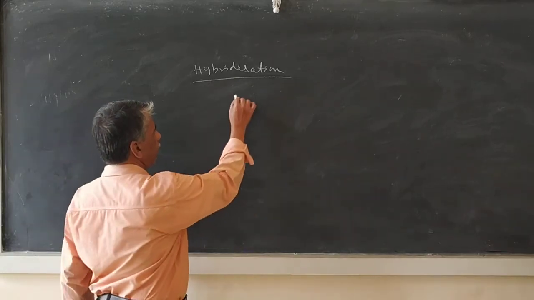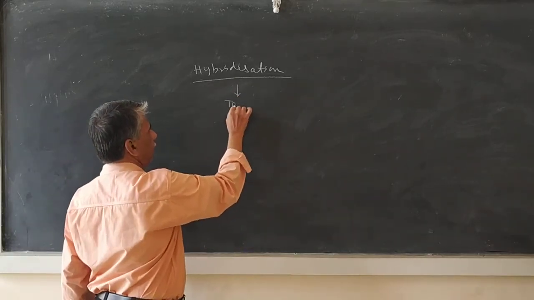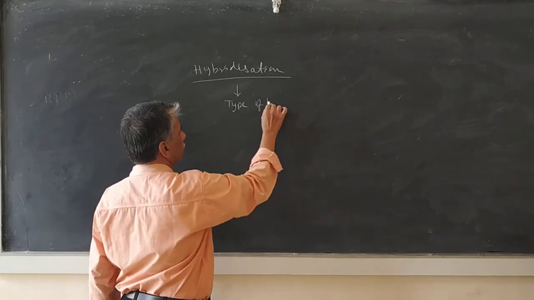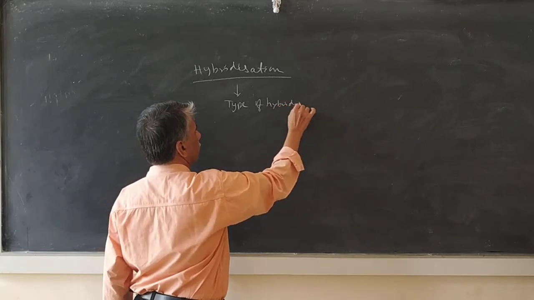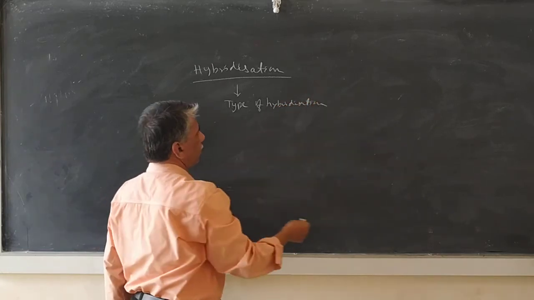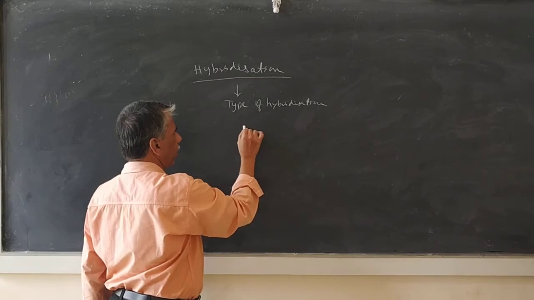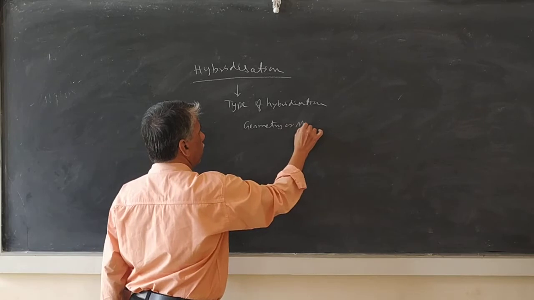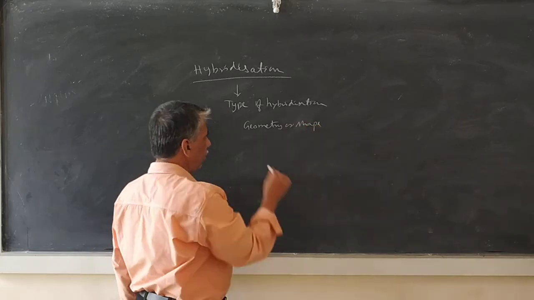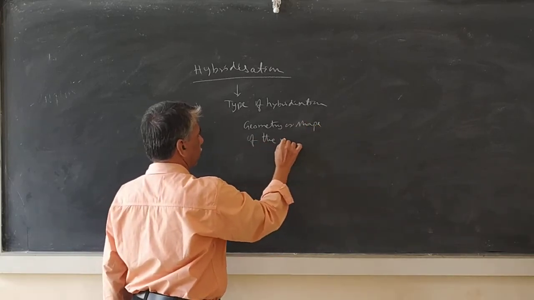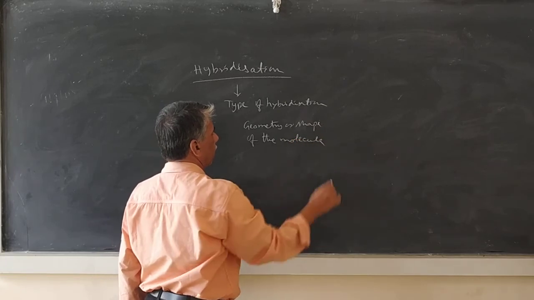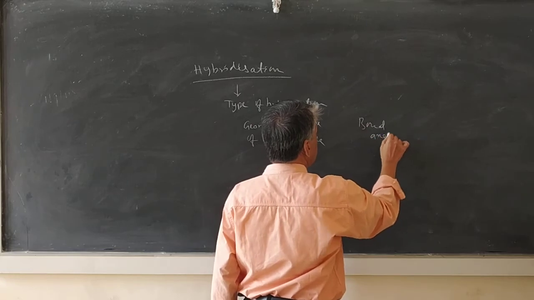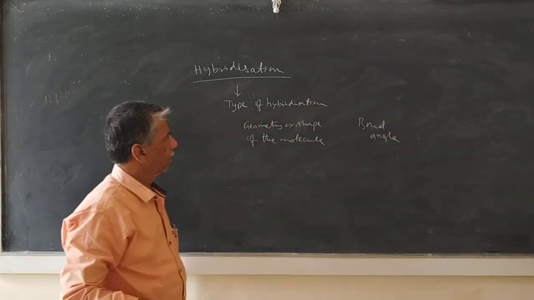If you know the type of hybridization, then we will come to know what is the geometry or shape of the molecule, and we also come to know what will be the bond angles.